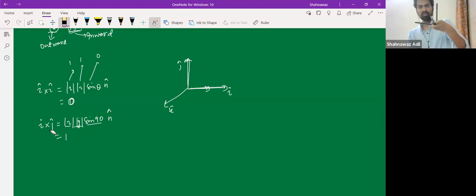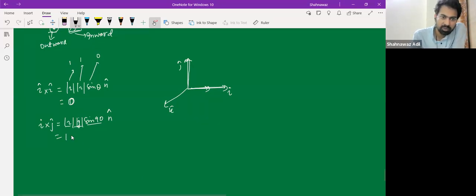Are you guys able to see these 3 pairs? Yes, sir. So this is my I, this is my J, right? If I place my palm in the direction of I and curl it to J, what is the K direction? Understood, guys? Yes, sir. So this would be K.